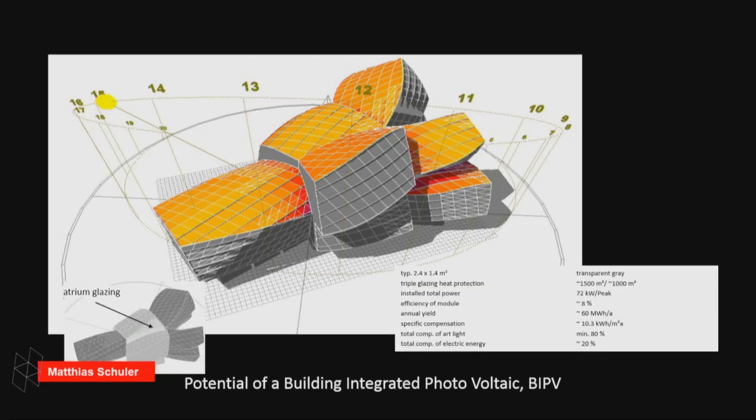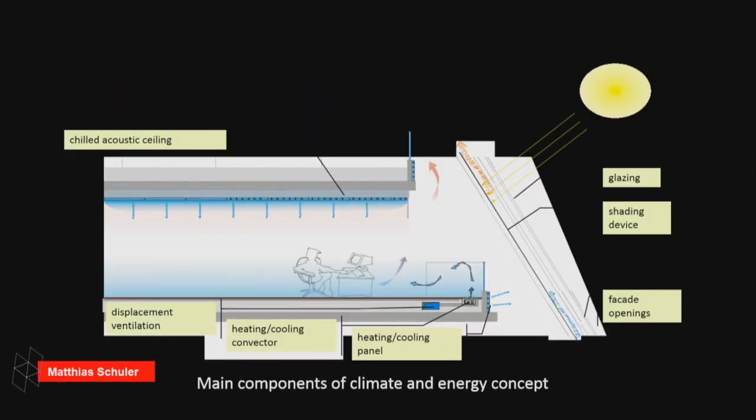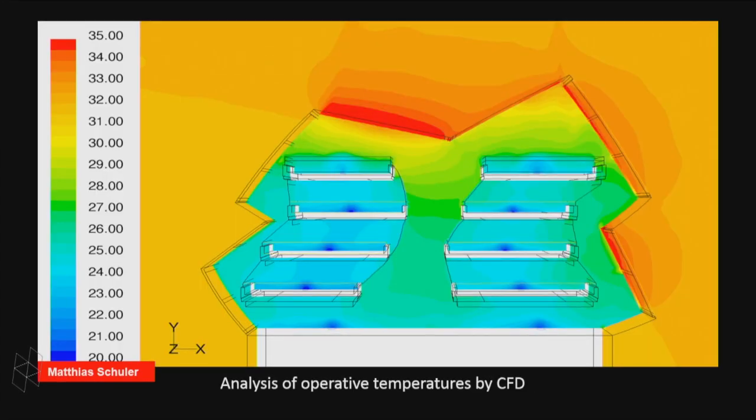Then Matthias Schuler showed some of the work he's been doing with different architects, including Frank Gehry. This is from Novartis in Basel, identifying, within this form, the different territories, the different zones. Some zones you need to control, some zones you don't need to control, and how being smart about environmental systems, working with the environment, they could put their energy literally in certain places and not in others.